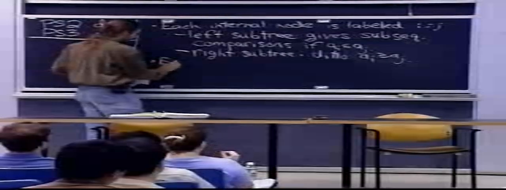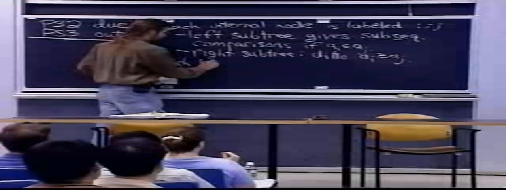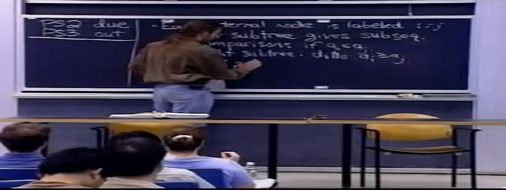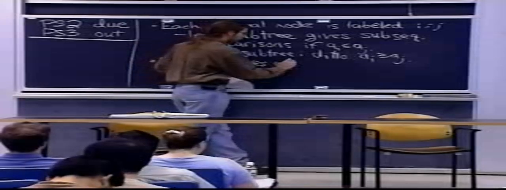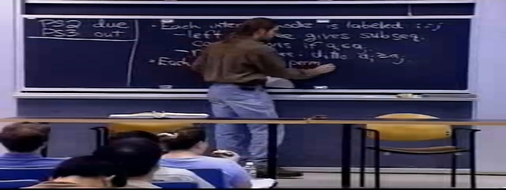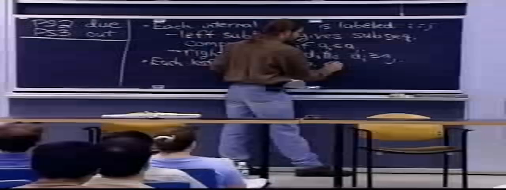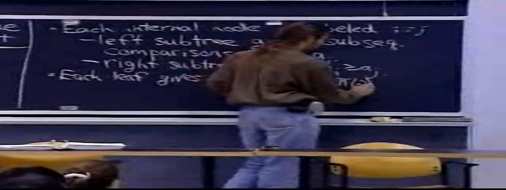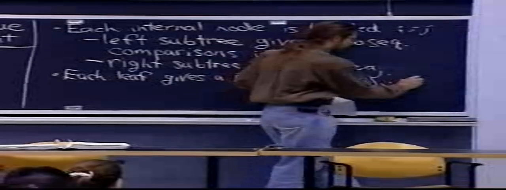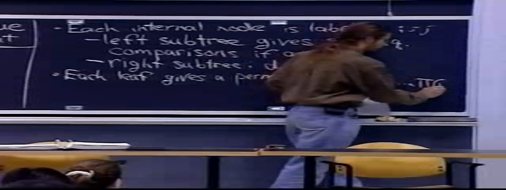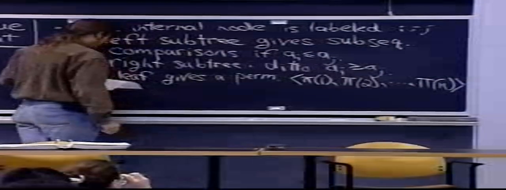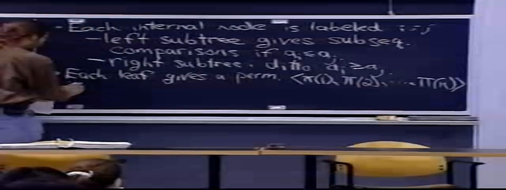Okay, let me say what the leaves do. So the leaves give us a permutation of the AIs.